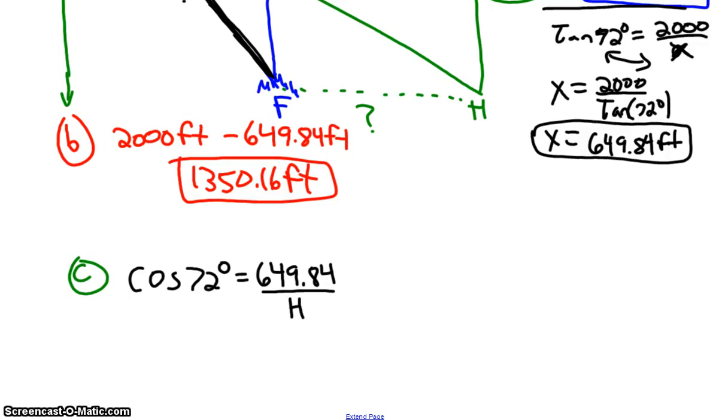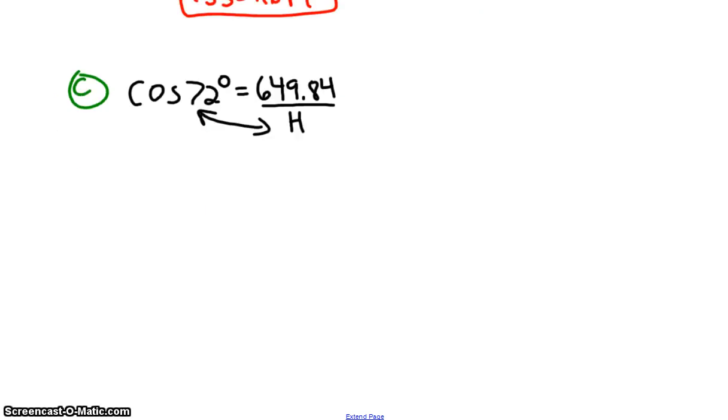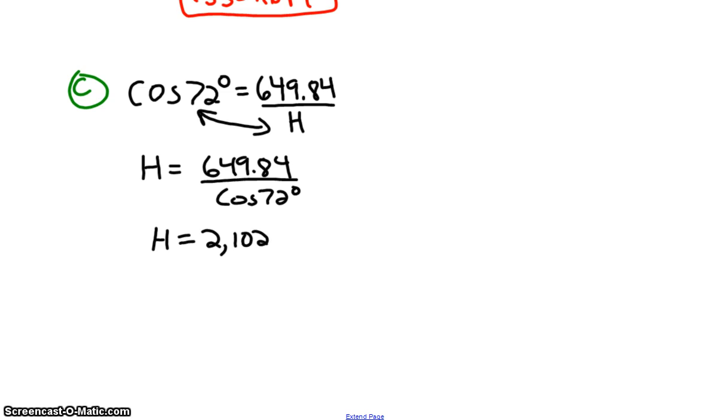Now in this case, again, I am stuck with the old switcheroo and end up with h equaling 649.84 divided by cosine of 72 degrees. So let's go ahead and work that one out. And we should obtain 2,102.93 feet distance between the helicopter pilot and those hikers.